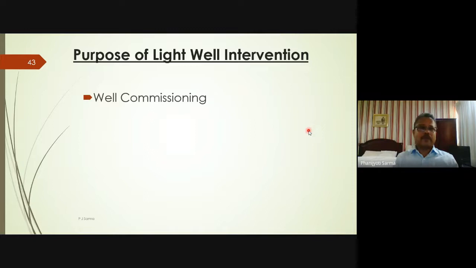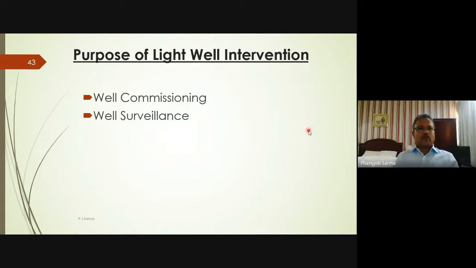Sometimes we do coil tubing, nitrogen activations and so on. So this is well commissioning. At the time of well commissioning, even the integrity test before putting the well into production, the whole health of the well needs to be identified, diagnosed or tested, and these are the purposes of light intervention during well commissioning. The second purpose is well surveillance.